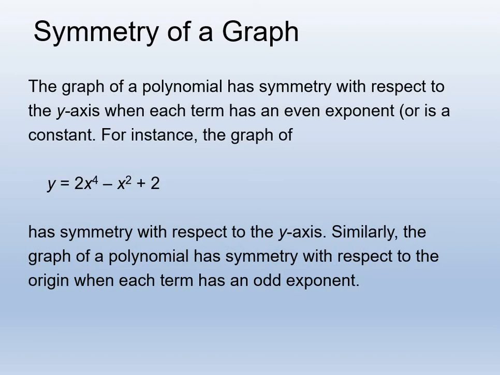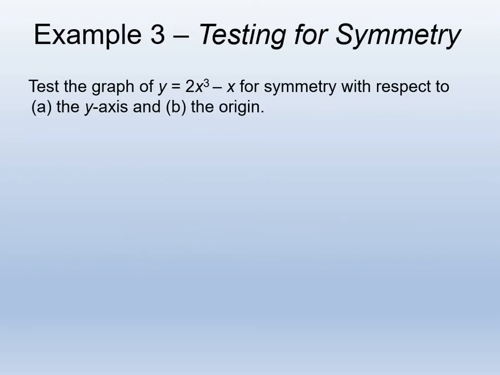Alright, so let's take a look at this. We want to test for symmetry with respect to the y-axis and the origin of this function here. So we have y equals 2x cubed minus x. To test symmetry to the y-axis, we're going to substitute in a negative x for the x's. Let's see what happens when we do that.